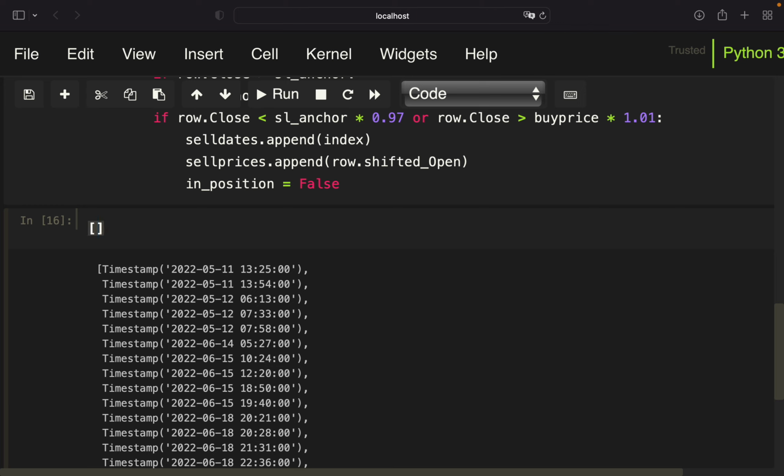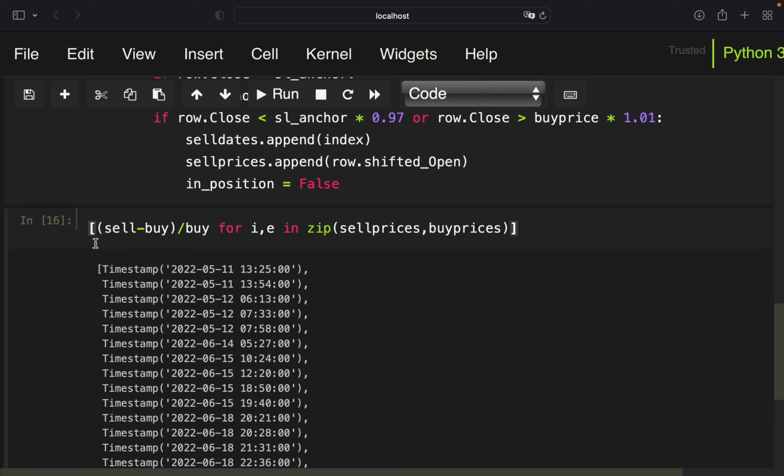I'm doing that with a list comprehension here. I'm taking sell minus buy divided by buy, so simply the relative profit calculation, for i in zip sell prices, buy prices.